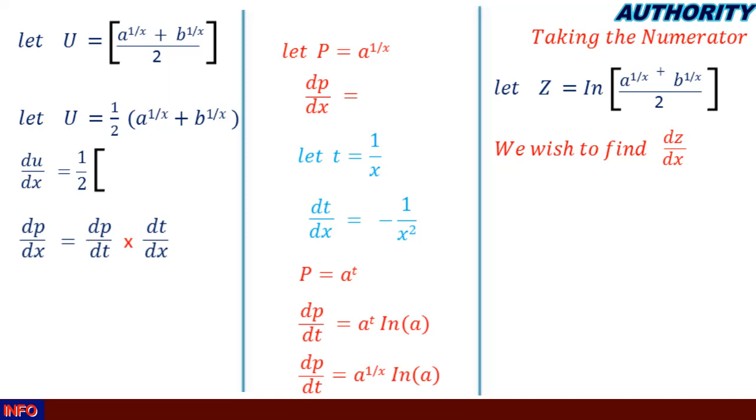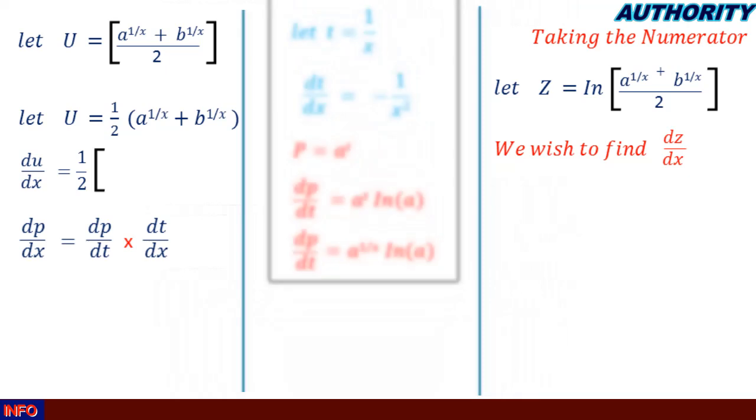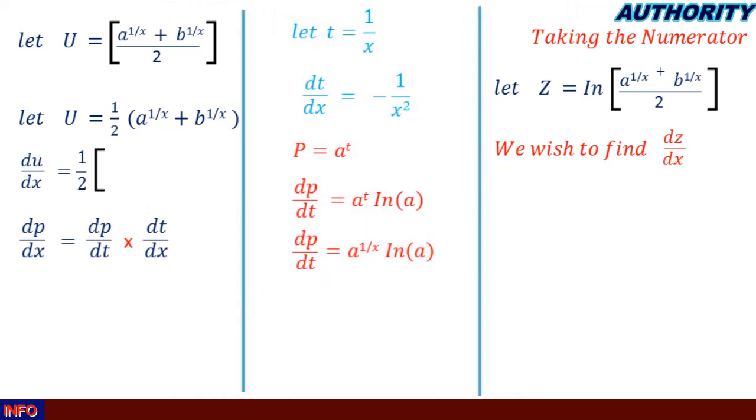Now let's go. We see that the dp/dx that we are looking for, which is the derivative of a raised to the power of 1 over x, is actually the multiplication of these two derivatives that we have by employing the chain rule. What are these two derivatives? We say dp/dt multiplied by dt/dx. What is dp/dt? It is a raised to the power of 1 over x ln a.